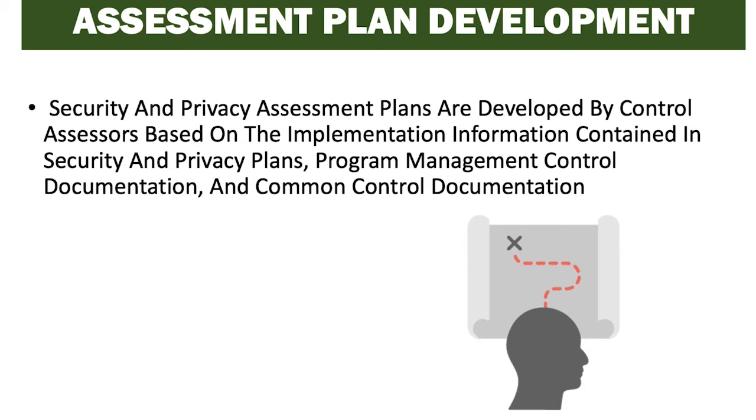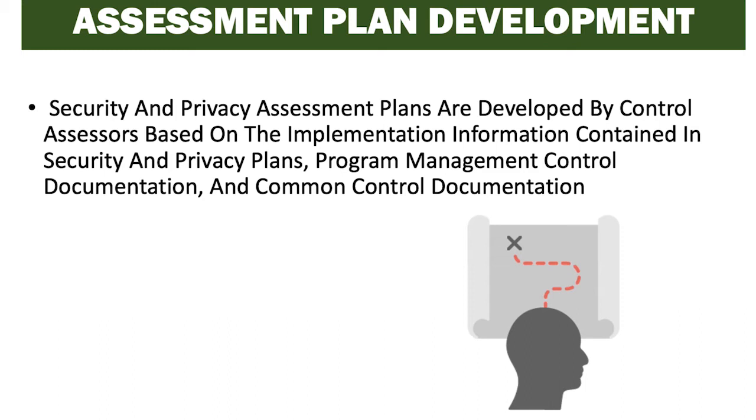The security and privacy assessment plans are developed by control assessors based on the implementation information contained in the security and privacy plans, program management control documentation, and common control documentation.